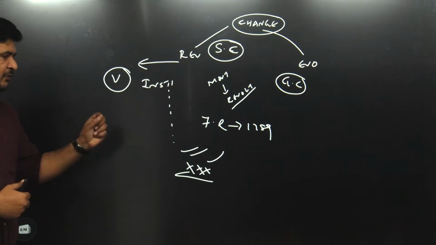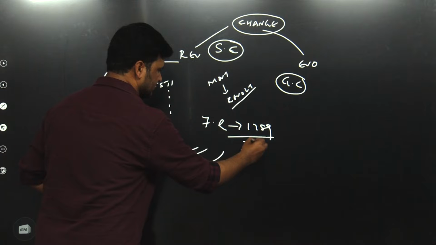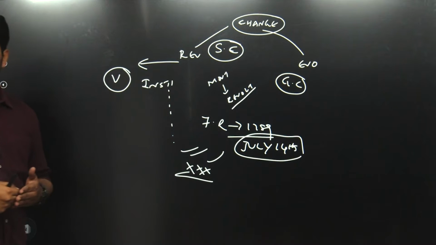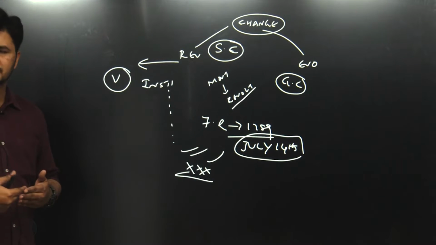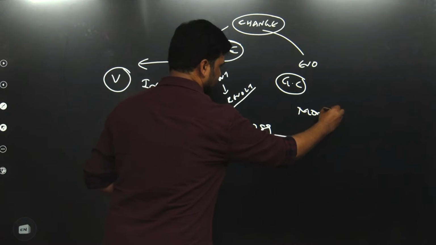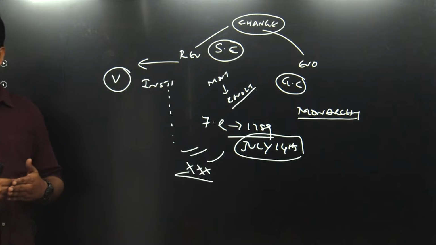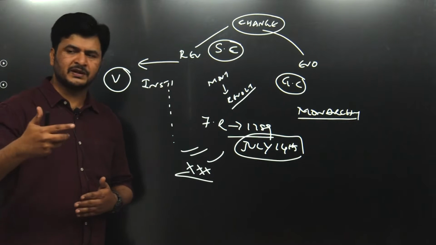Before 1789, before July 14, 1789, when we understand the French political system, it was under a monarchical form of government. Bourbon dynasty. So first Louis, second Louis, third Louis, 14th Louis, 15th Louis, 16th Louis.